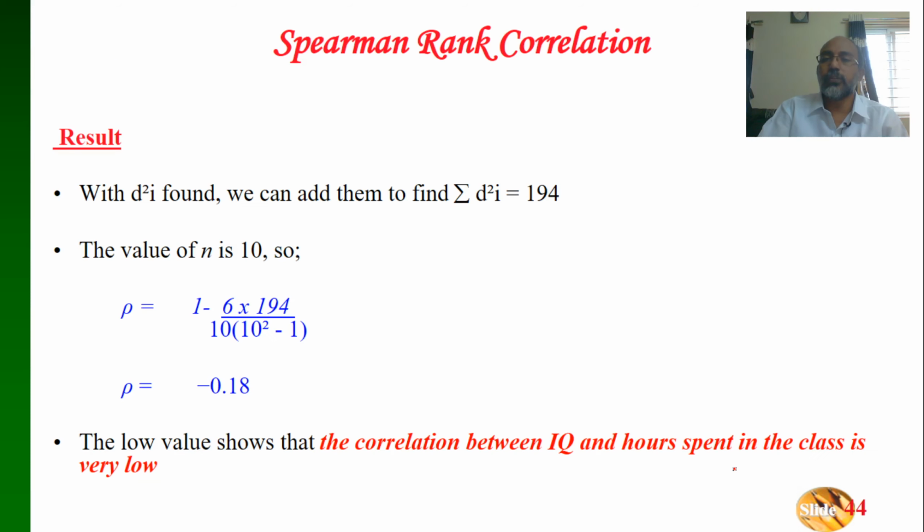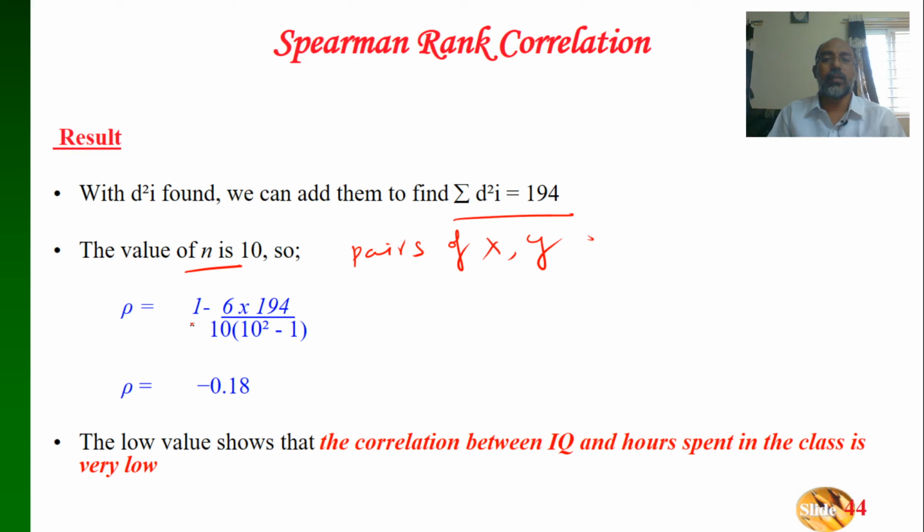Then simply you have to insert the values in the formula. So this is the value we got. N is equal to the pairs of x comma y.